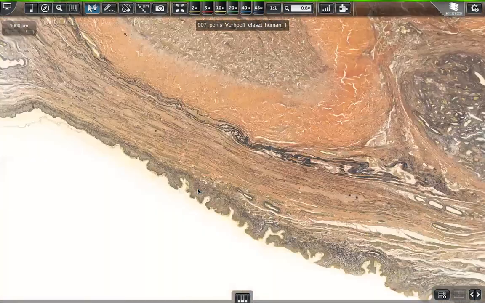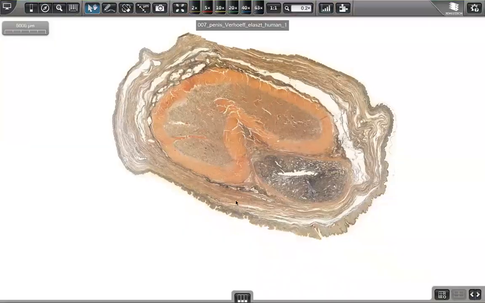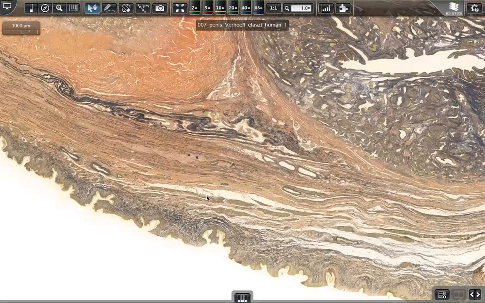And underneath the skin, we have the tunica dartos, which is eventually just a subcutaneous tissue here. That's the tunica dartos.